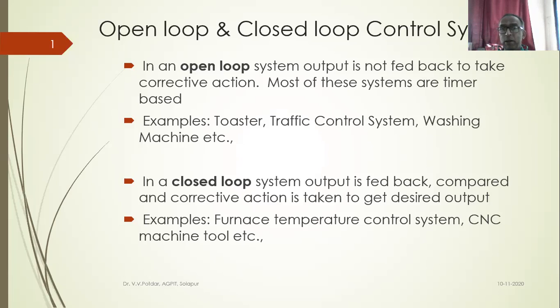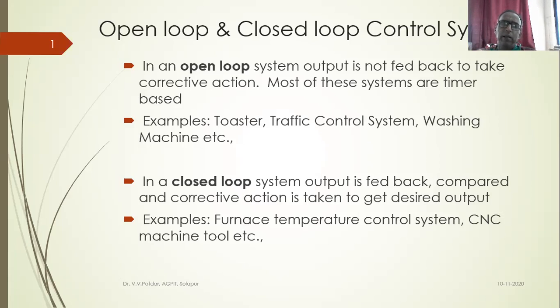So we don't have stricter control on the output quality of the toast. It is all dependent on the calibration that we do. It is all dependent upon the timing, rigorous experimentation that I do. It all depends upon, as I said, calibration. If the bread is stale, maybe I require 4 minutes of roasting or toasting. If it is a fresh bread, I should carry out rigorous experimentation and come out with the setting.